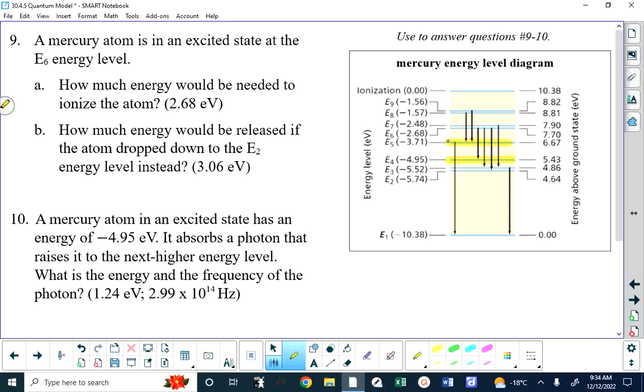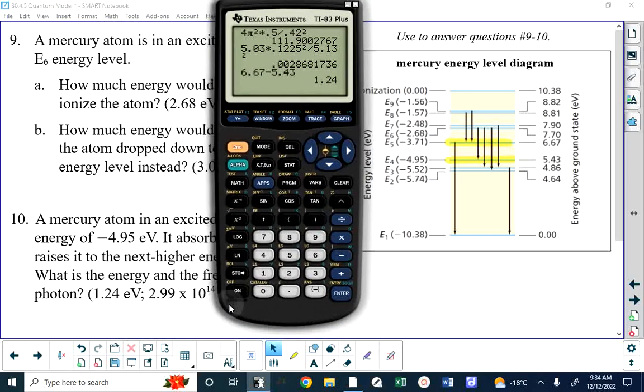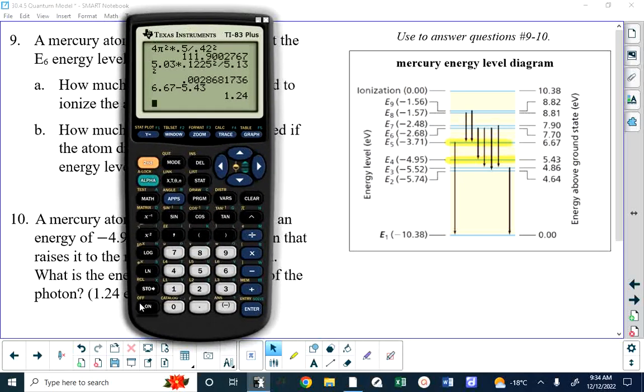So to answer the first part of this question, all we need to do is take either 6.67 minus 5.43, which is 1.24 eV, which is the answer, or take negative 3.71 minus negative 4.95, which gives you 1.24.